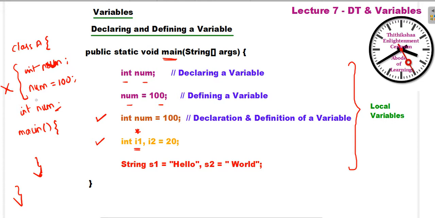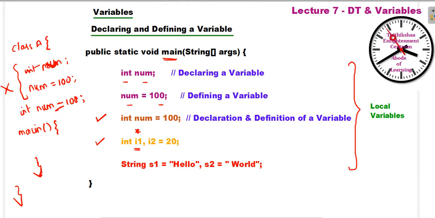If you give int num, the default value for the integer is 0. Or you have to give this equal to 100. These are the two possibilities. Only within the methods can you first declare the variable and then define the variable. At class level, if you declare the variable, either you have to define it there itself or you have to define it within the constructor.